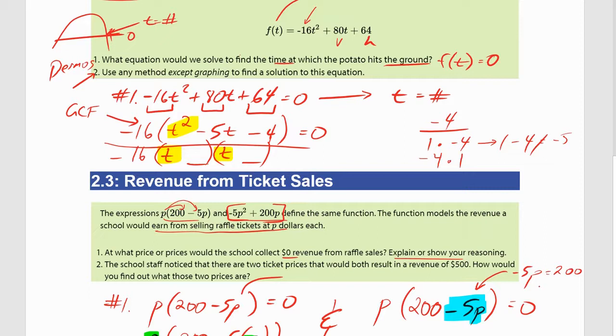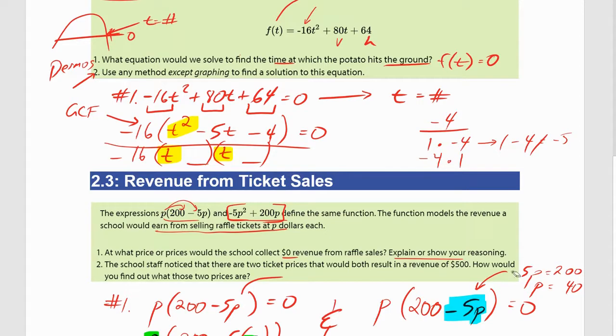All right, divide by the 5, and you should get negative 40, which doesn't make sense, because we're not trying to solve for the negative. You can't sell a ticket for negative 40. What'd you do? Staple a $40 bill to the ticket? That does not make sense.